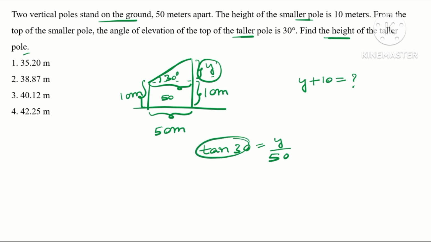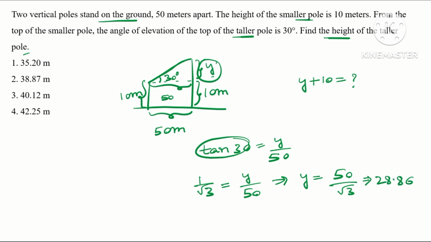Tan 30 is 1 by root 3 equals y by 50. So we got y equals 50 by root 3. This becomes 28.86. So they are asking to find out y plus 10. 28.86 plus 10.